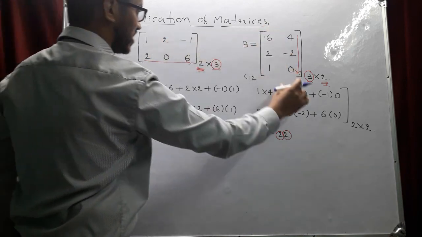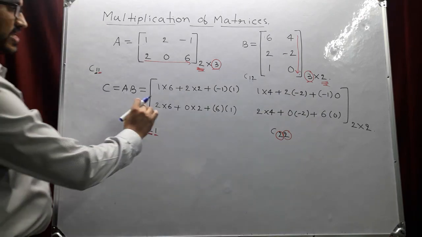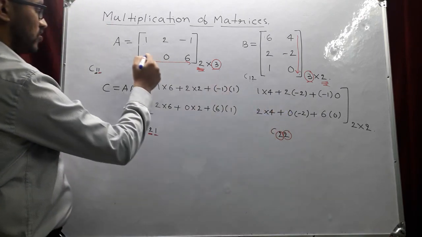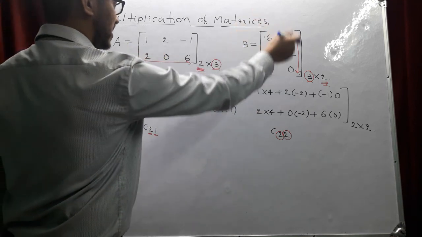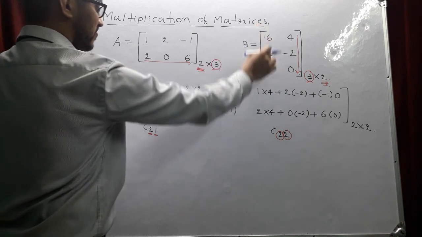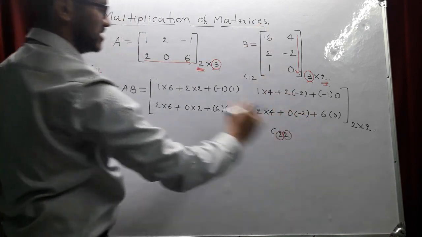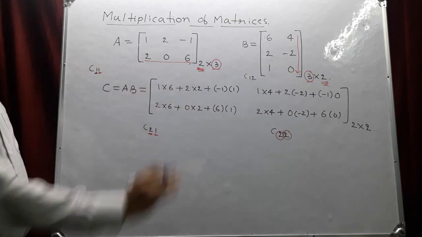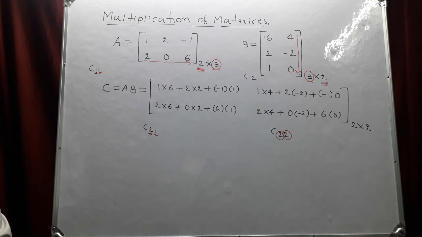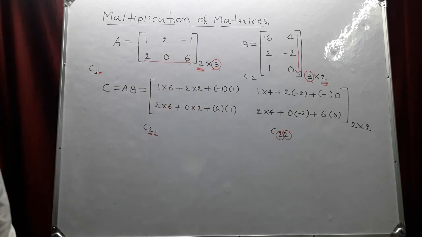First row, second column gives this element. Similarly, to get second row elements, you consider the second row of the first matrix with different columns. Second row, first column, this element. Second row, second column, this element. Like this, we can find the product of any given matrices with the condition that the number of columns in the first matrix should be equal to the number of rows in the second matrix.